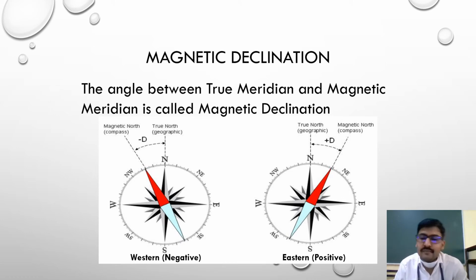Because of that, there is a variation in the magnetic north and magnetic south of the earth. If you hold a magnetic needle at a place on a particular day, you will find one direction. On some other day, if you hold it at the same point, you find a different magnetic north. This is the reason magnetic north is not a fixed entity, whereas true north and true south are fixed.